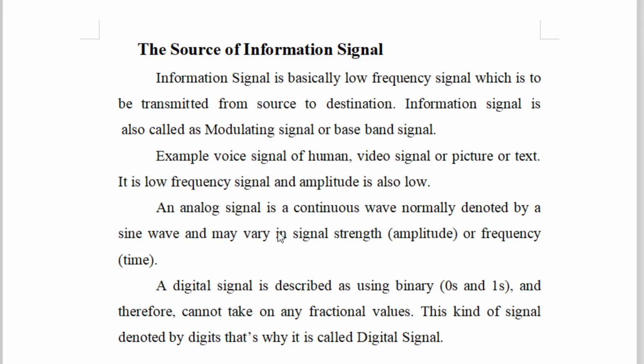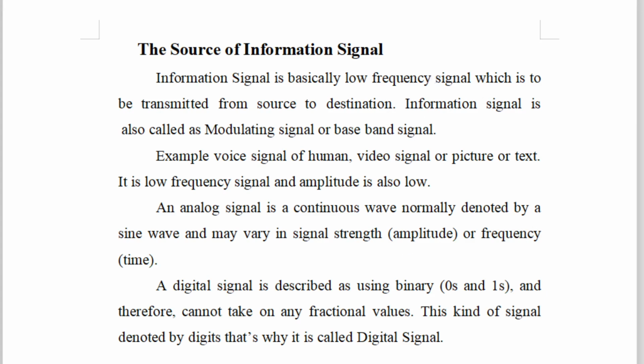Not necessarily is the sine wave the only example of an analog signal. I am going to give other examples of analog signals also after this slide. Next, a digital signal is described as using binary 0 and 1. So all of you know that digital is a logic 0 and 1. Digital talks only about a high voltage level and a low voltage level and nothing in between.